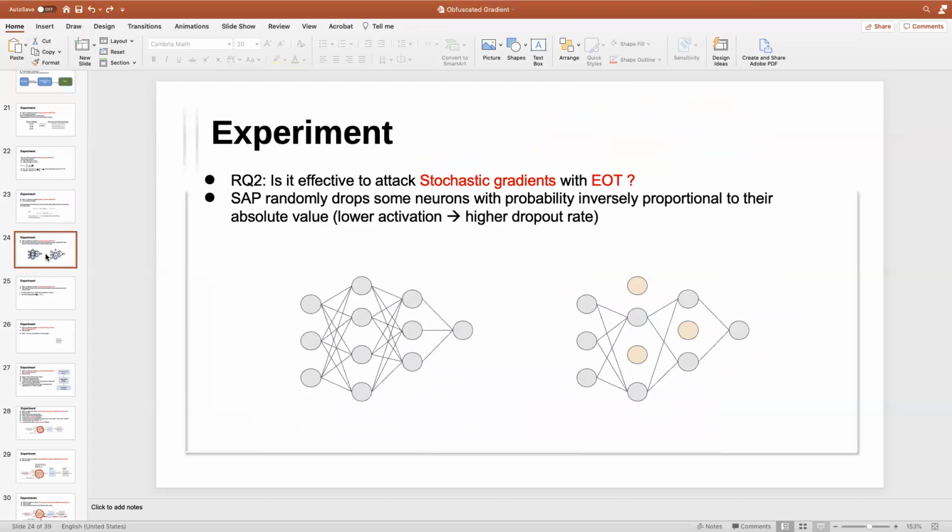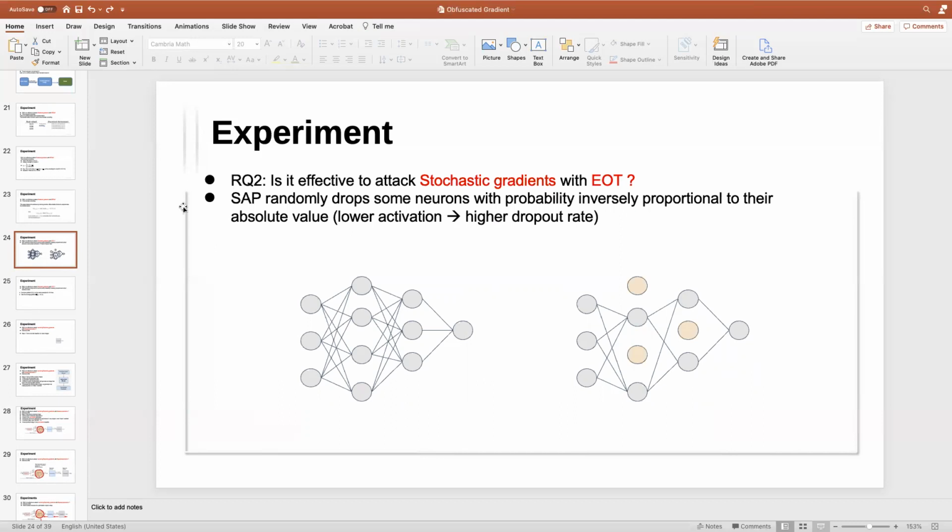So the second research question is: is it effective to attack stochastic gradient with expectation over transformation? To answer this question, it attacks the defense technique I introduced, the stochastic activation pruning.